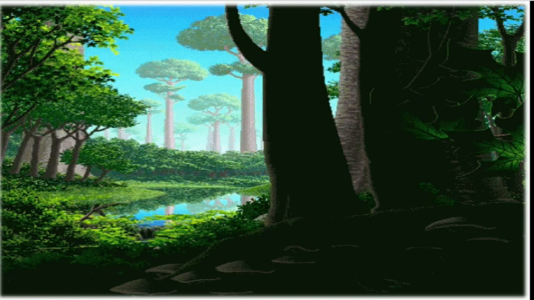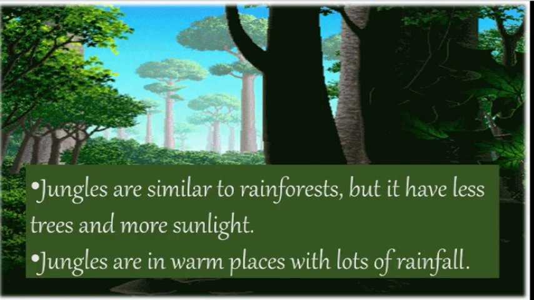Jungles are similar to rainforest, but have fewer trees and more sunlight. The difference between a rainforest and a jungle is that the jungle has fewer trees and more sunlight. Even jungles are in warm places with lots of rainfall.